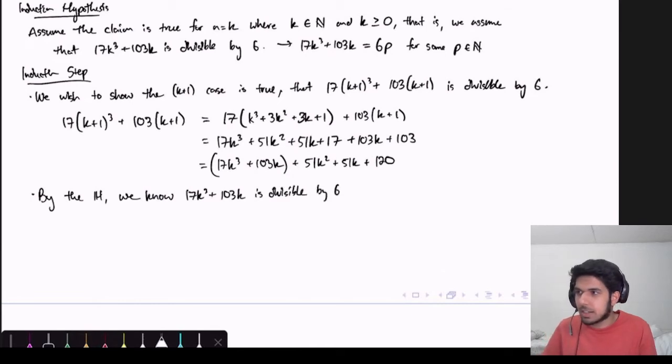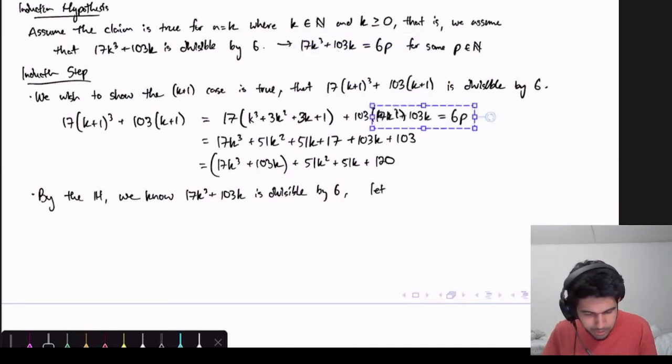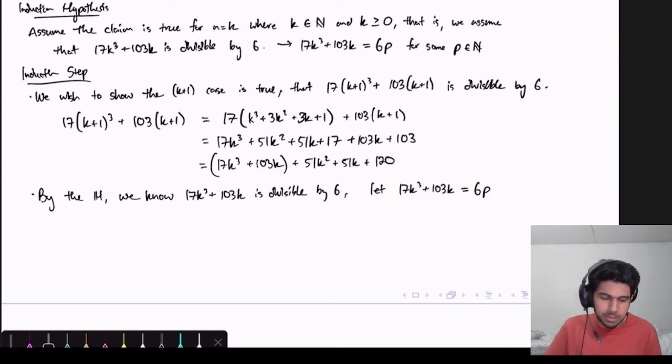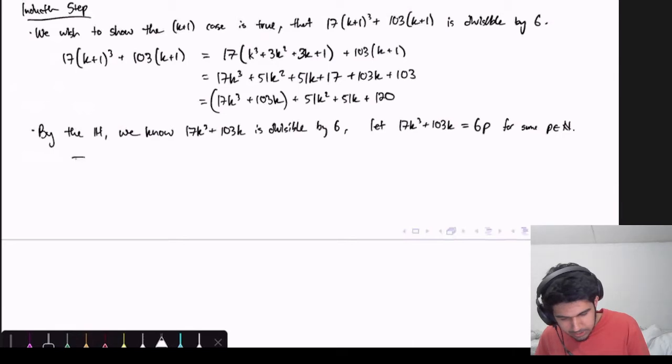We'll let 17k cubed plus 103k equal 6p, because that's what it means for it to be divisible by 6. Okay? And the reason we want to do that is because we're still doing some math, so it's nice to have just a value to substitute in. Okay, so let's do that substitution.